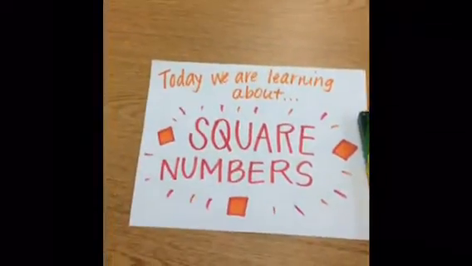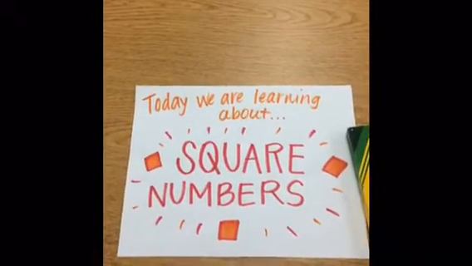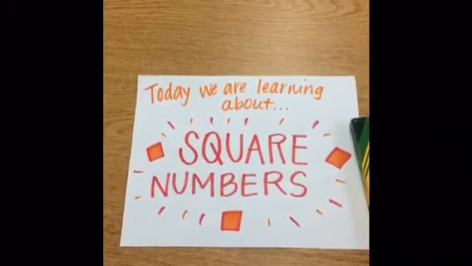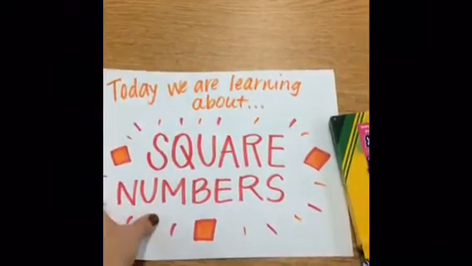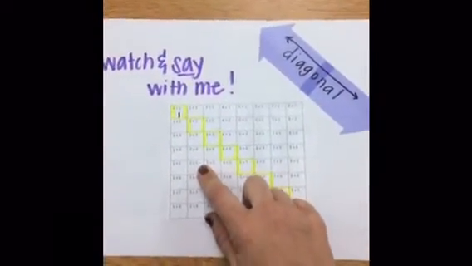So today we are learning about square numbers, and we'll talk a little bit about why they're called that. Okay, so today in class we worked with a multiplication chart that looked somewhat like this.